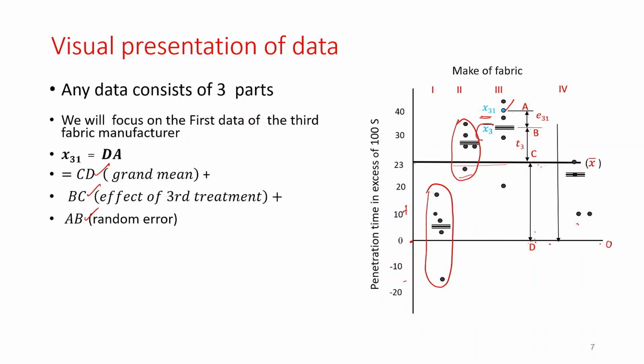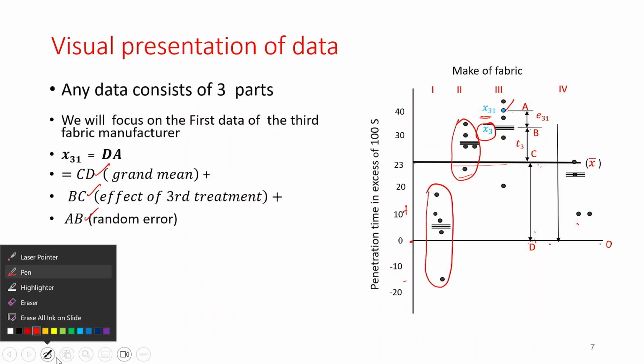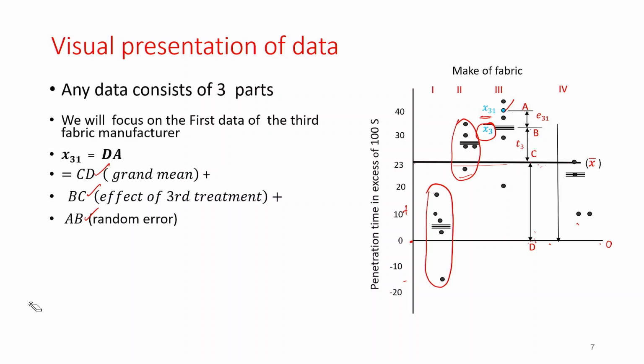These represent the X3 bar. This is the average. These lines are the average of the readings that we get from the fabric manufacturer 3, or the 3rd fabric manufacturer.